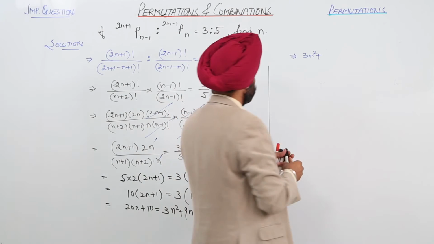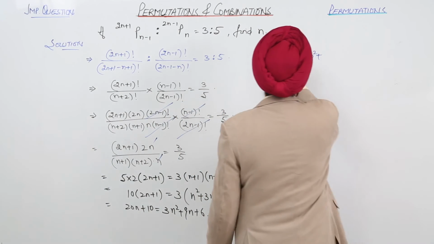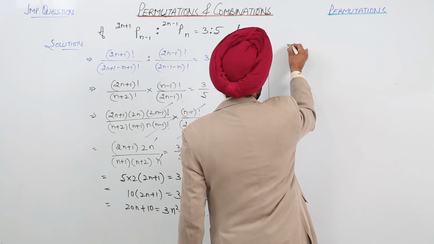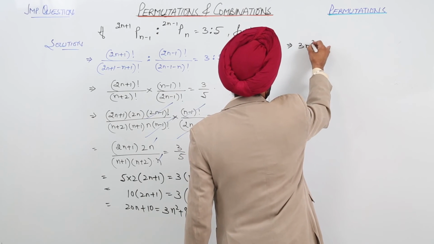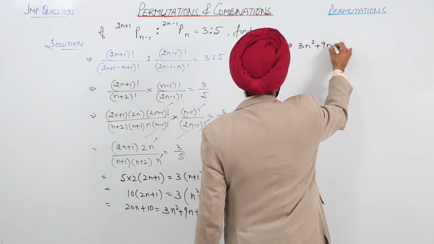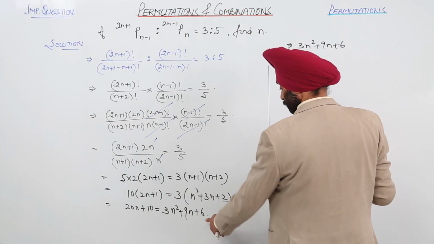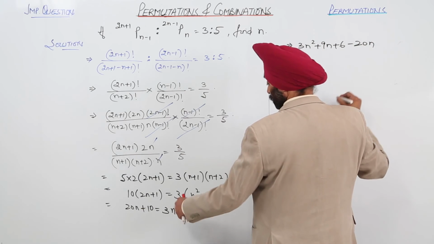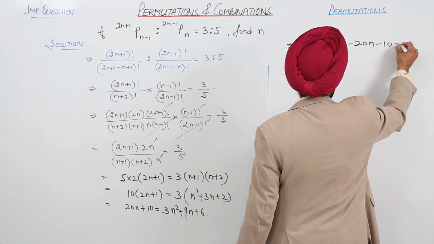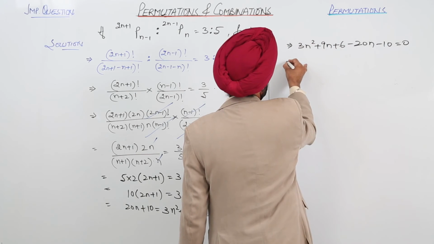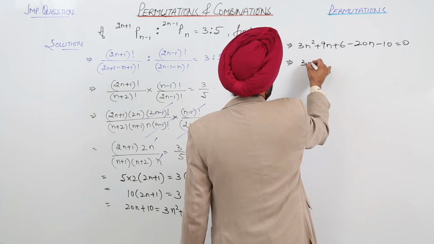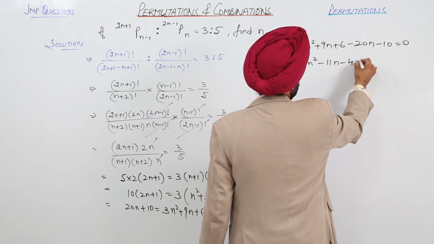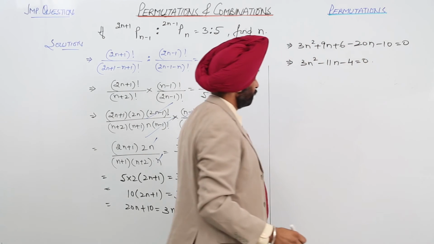Now, three n square plus 9n plus 6, negative of 20n and negative of 10 is equal to 0. 3n square, negative of 11n and negative of 4 is equal to 0.